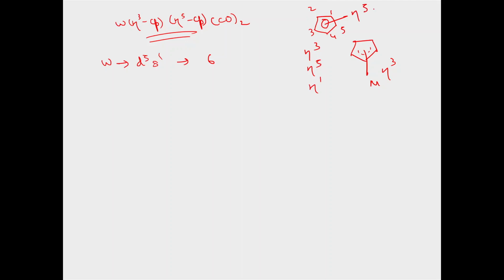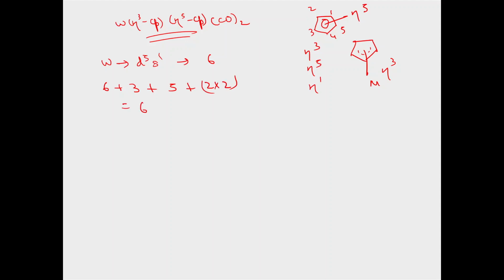Depending on the hapticity, we can deduce how many electrons it is giving. So 6 electrons are coming from tungsten. Eta 3 Cp means it is giving 3 electrons. Eta 5 Cp means it is giving 5 electrons. And carbonyls give 2 electrons each.